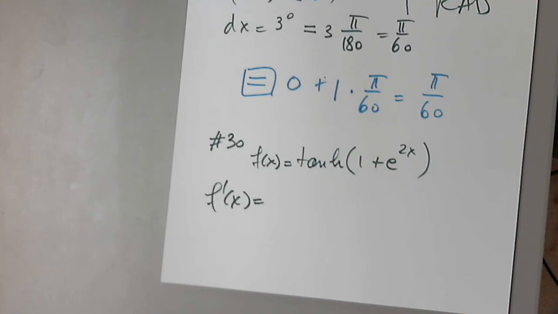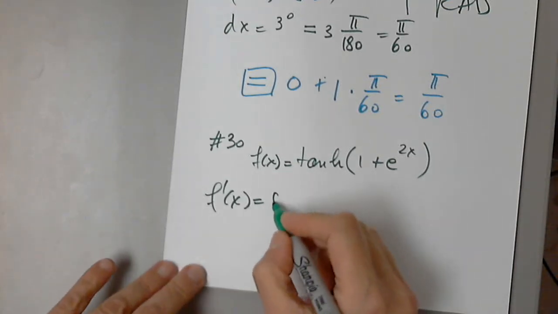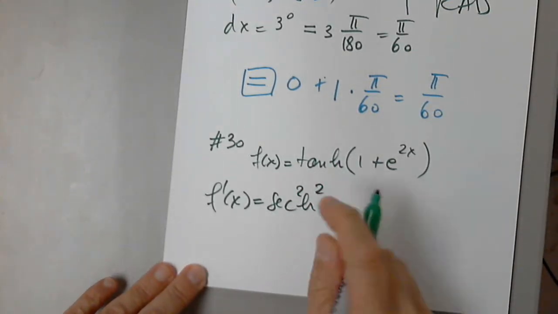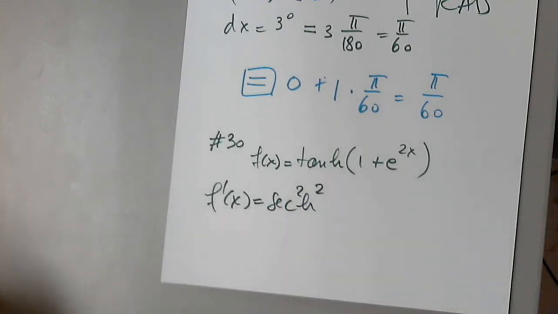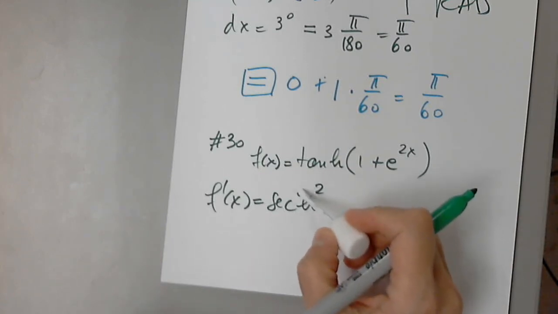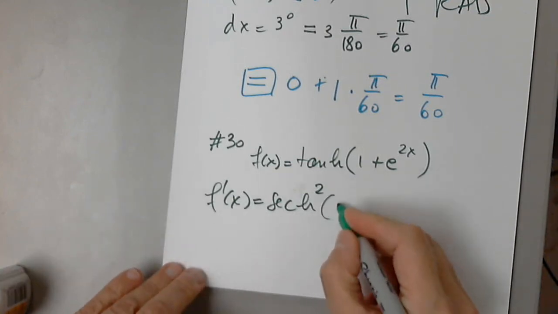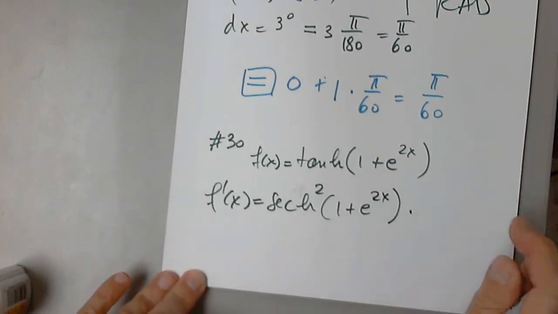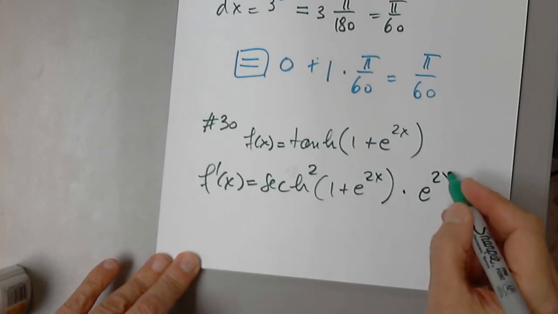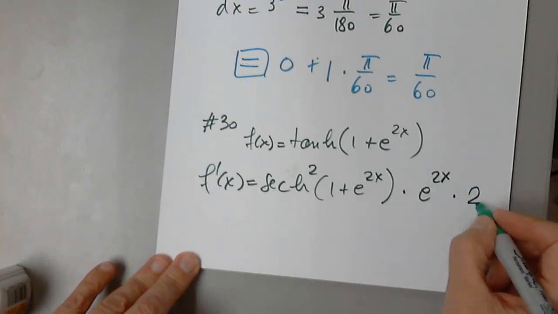This is not the product rule. Tangent is outside of this, which is 1 plus e to 2x. So it'd be the secant h squared of 1 plus e to the 2x. Make sure that you put the power after h, not before h. And then now times the inner function prime, which will be e to 2x, but times 2. Gotcha.